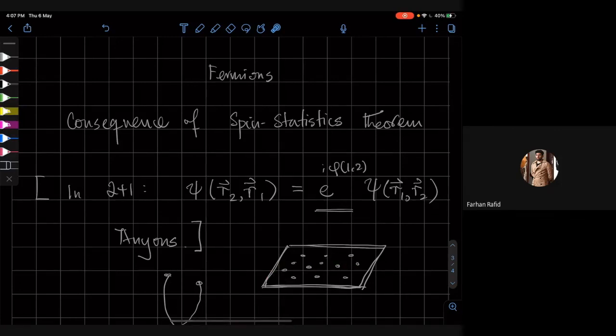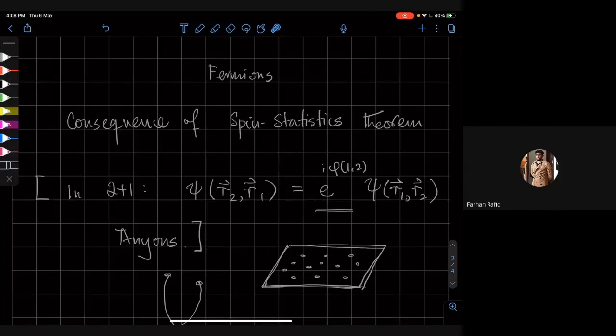They are effective excitations, okay? There's this idea of a pseudo particle, where you have an excitation that behaves like a particle down to some energy scale. Below that energy scale, they stop behaving like a particle, and you can see their more fundamental constituents. So from that point of view, anyons are not fundamental.